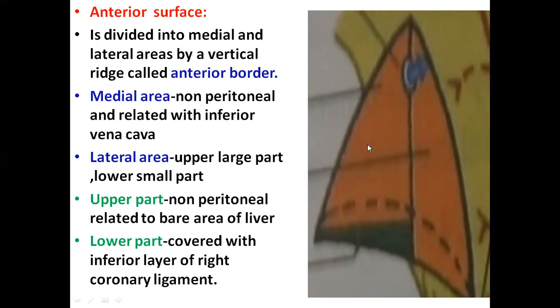The lateral area has an upper large and lower small part. The upper part is non-peritoneal related to the bare area of the liver, and the lower part is related to inferior layer of the right coronary ligament. The ligaments what we saw with liver in our previous lecture.